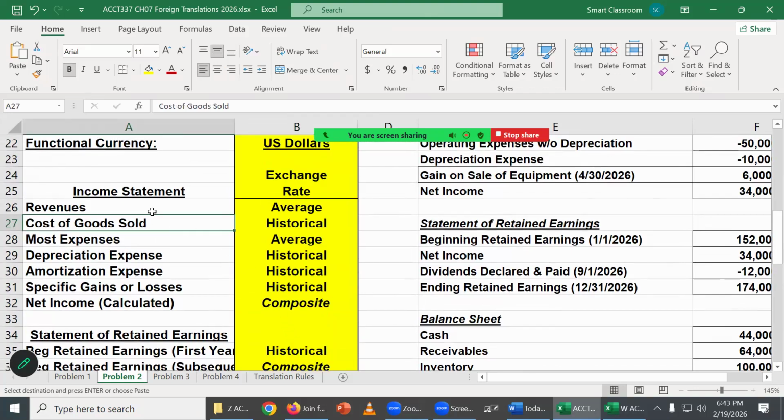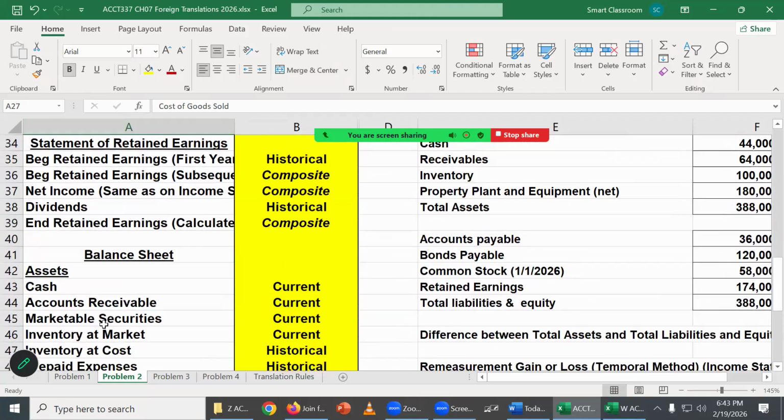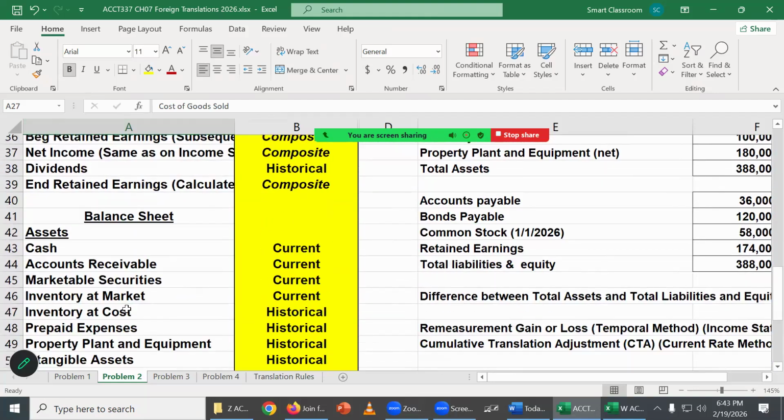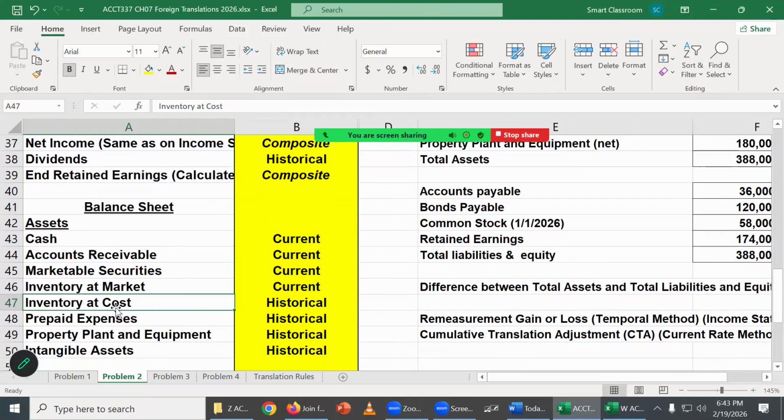The biggest ones are going to be here, cost of goods sold and the inventory. You'll notice it has two different ones there, inventory at market and inventory at historical cost. Remember way back when, how did we do that? That was in chapters 1, 2, and 3, I think.